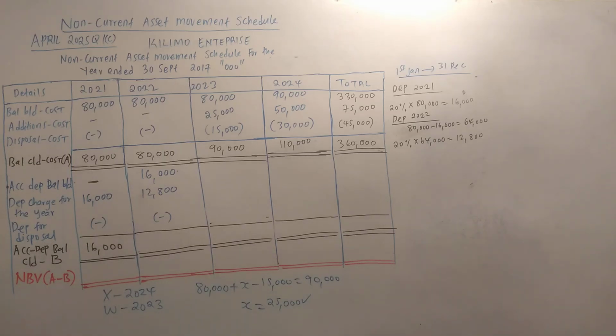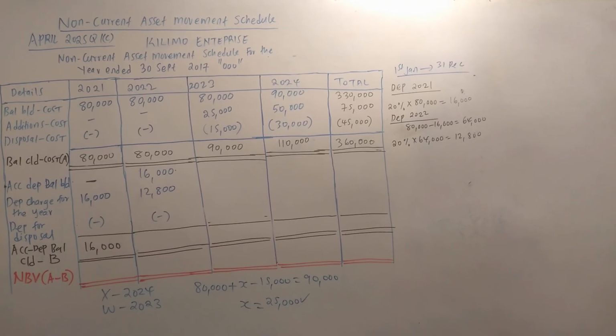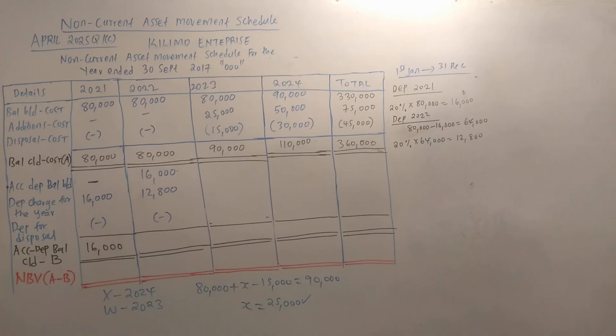There was no disposal. You just add depreciation at the beginning: 16,000 plus 12,800 minus 0.